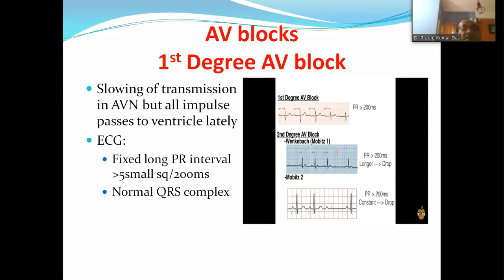So we will find a fixed long PR interval, more than 200 milliseconds, that is more than or equal to 5 small squares. But it is fixed, not variable. So it is a fixed and long PR interval, and as it is normally transmitted late, the QRS complex is normal.